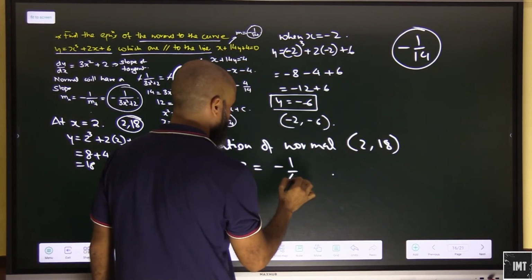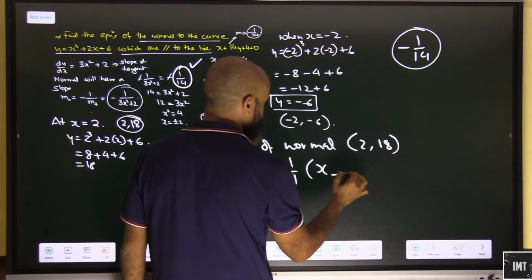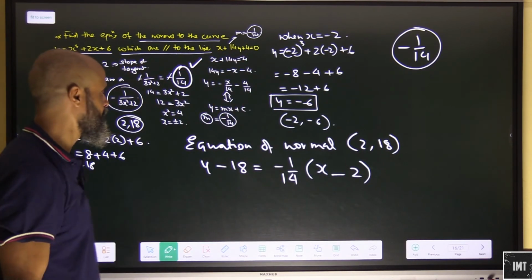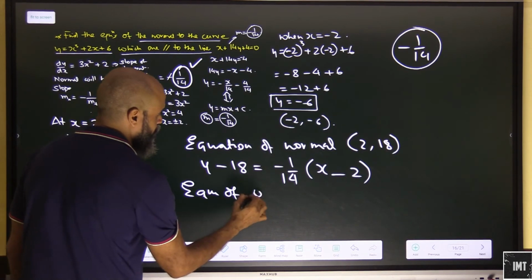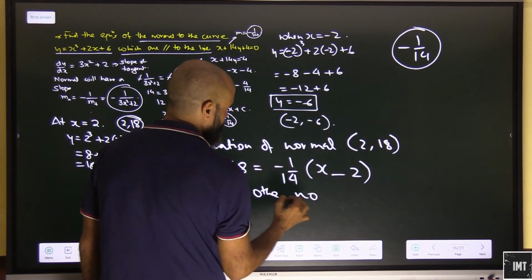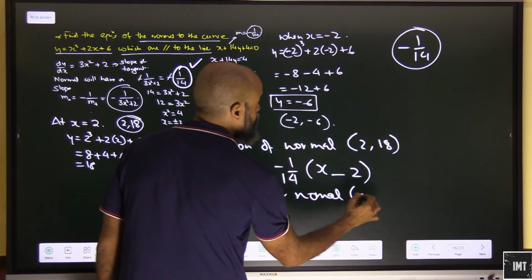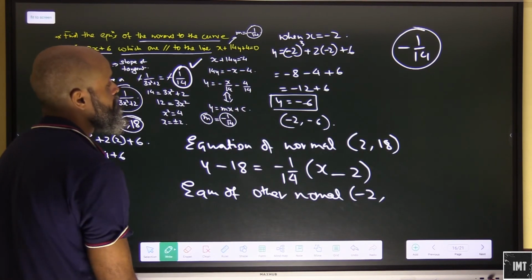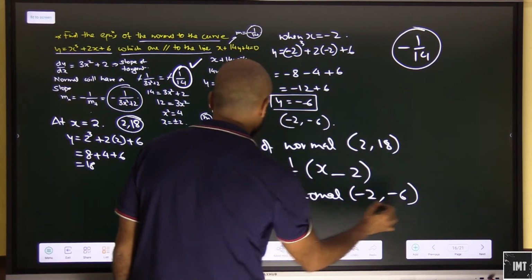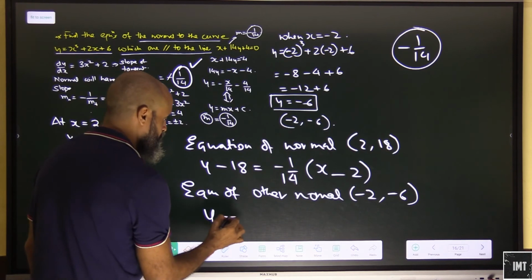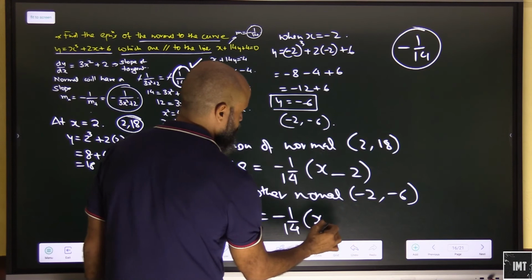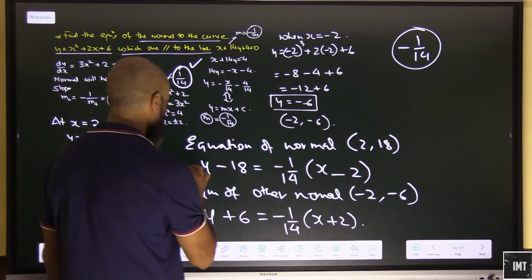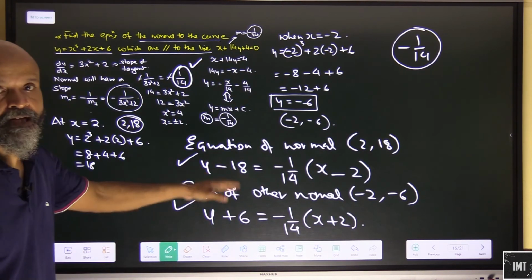Minus 1 by 14 x minus x1. This is going to be one line, and the other, equation of other normal which has basically minus 2 and minus 6. This will be y plus 6 is equal to minus 1 by 14 x plus 2. Okay. So these are two lines which we have.